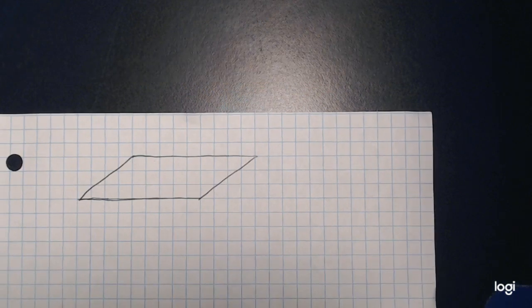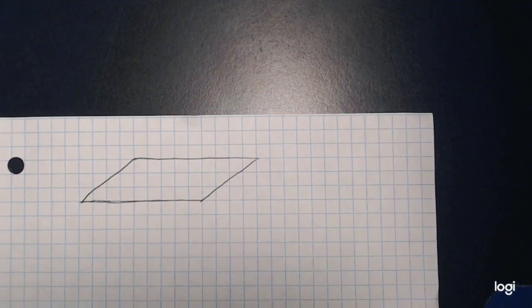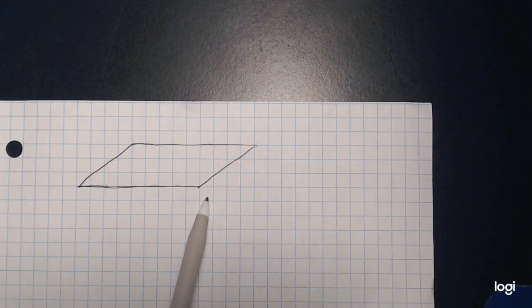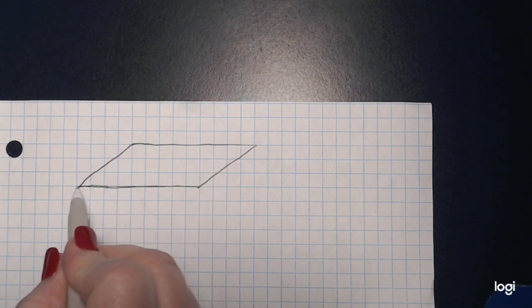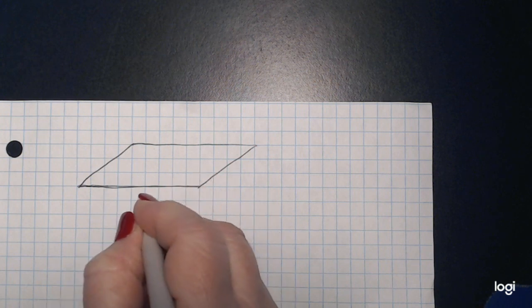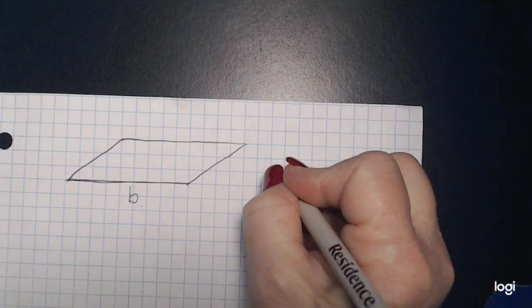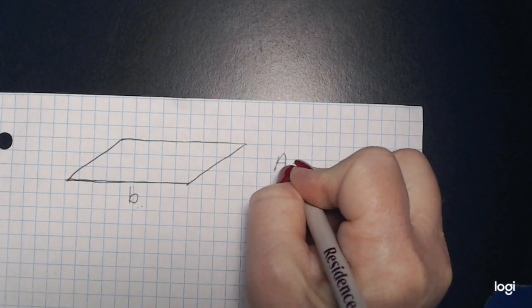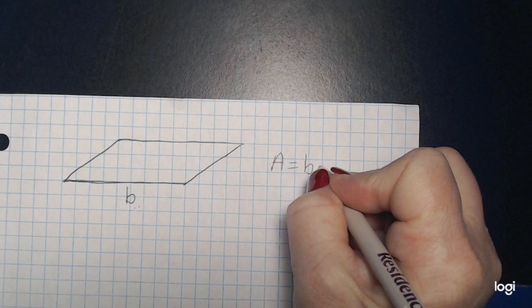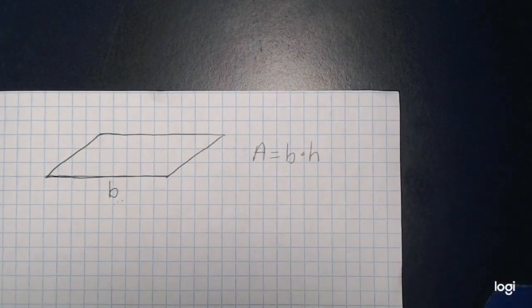All right, so here is a parallelogram that I've drawn on graph paper. This way we can see it a little bit easier. If you notice, this down here is my base. If you remember, we're changing the formula. We're not going to say length times width anymore. We're going to say base times height.